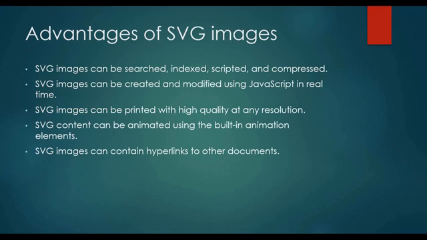In the SVG form, I will tell you how to make links to a particular part of the image. I will show you when I am showing you Dreamweaver, so it is possible there. SVG images can contain hyperlinks, which means we can link a particular element. If I am drawing a circle and inside that circle I am drawing a star, I can give a link for that particular star only.